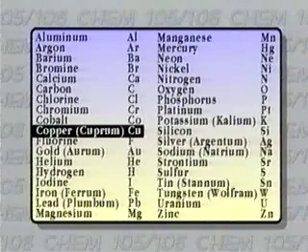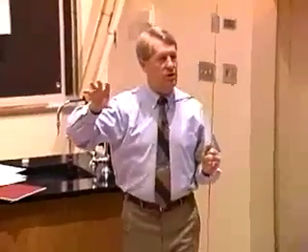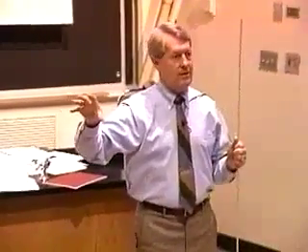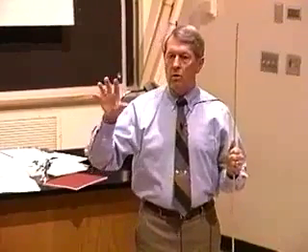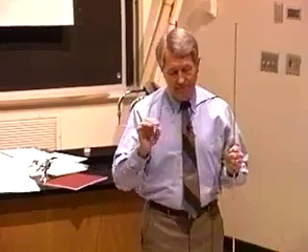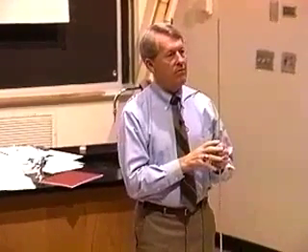Some of the elements have symbols that are named not after their common English name, copper is what we call it today, but rather are named after their Latin or their Greek derivation or their Germanic, whatever the case might be.